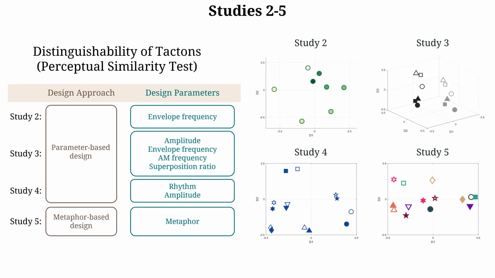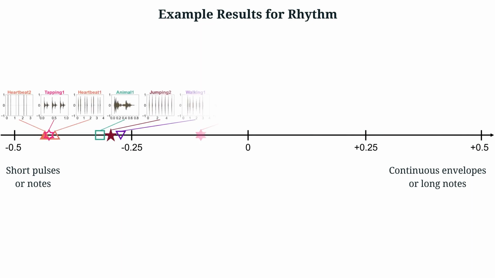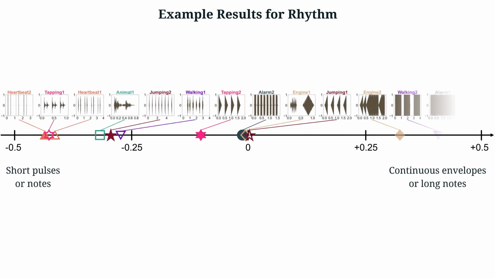We analyzed their perceptual spaces and identified salient temporal parameters influencing perceptual dissimilarity. For example, rhythm can greatly influence the perceptual spaces of ultrasound tactons. It served as the primary perceptual dimension for complex ultrasound tactons.